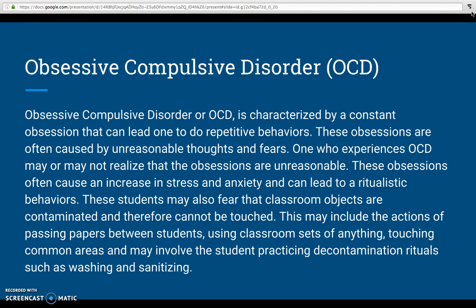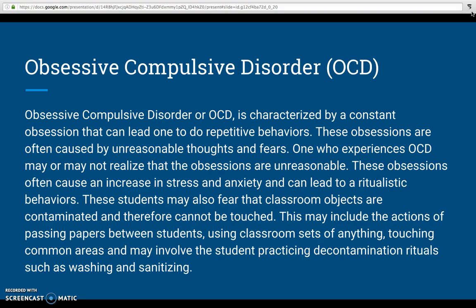The next disorder we have is obsessive compulsive disorder, or OCD. OCD is characterized by a constant obsession which can lead to repetitive behavior. This means that they may have obsessions which are often caused by unreasonable thoughts and or fears. One who experiences OCD may or may not realize that they actually have these obsessions or unreasonable fears, or that they are unreasonable at all.